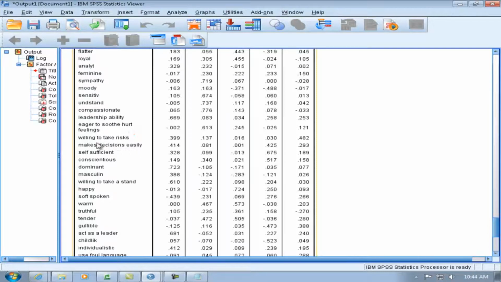Okay, now makes decisions easily. Again, do you see factor 1 and factor 4 is loading on both? Cross it out. It's ambiguous. Self-sufficient, factor 4, pretty clearly. And that's what you want. You want a simple structure. Conscientious, factor 4.